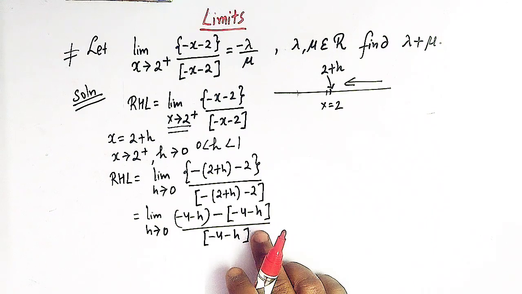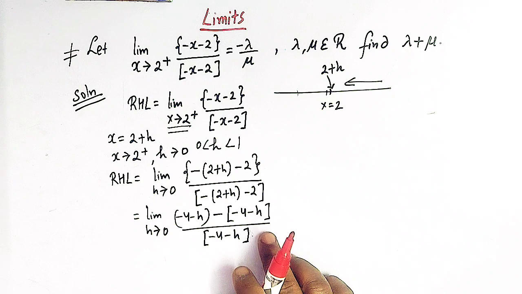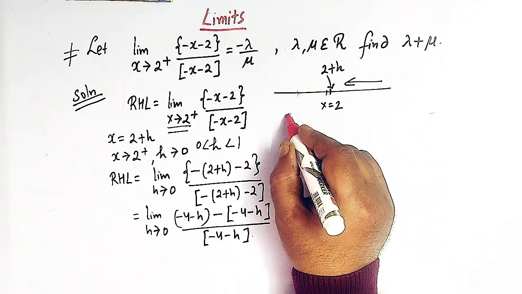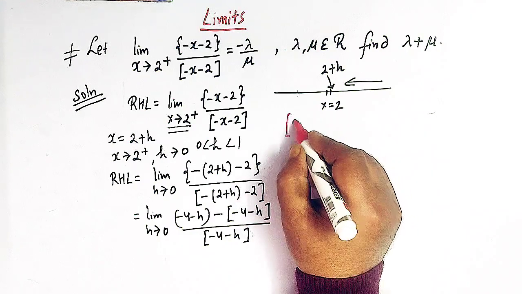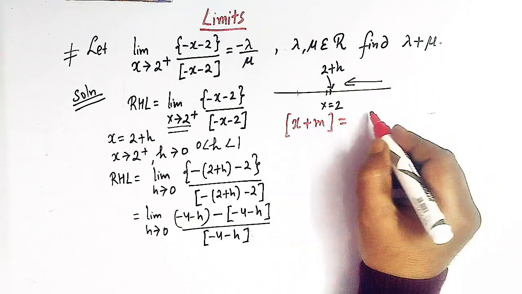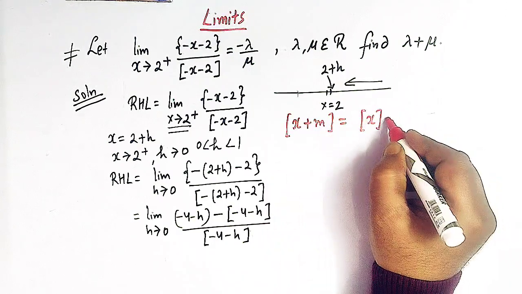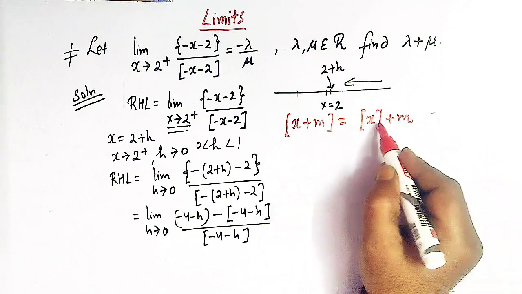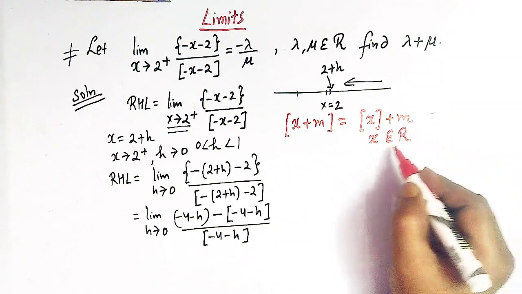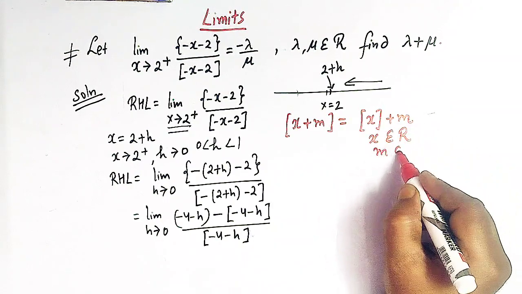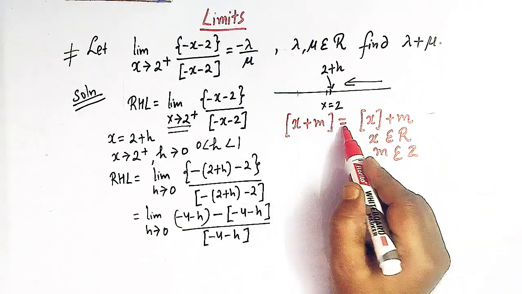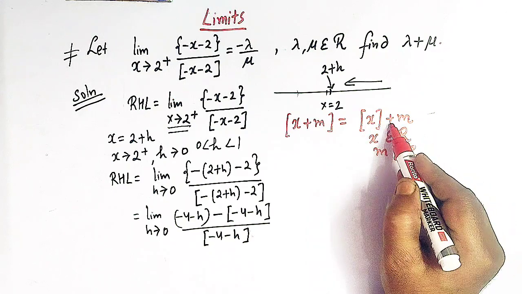So now here what we will do is make use of one important property of the greatest integer function. The property goes like this: the greatest integer of x plus m is given by the greatest integer of x plus m, where x belongs to the set of real numbers and m is an integer.